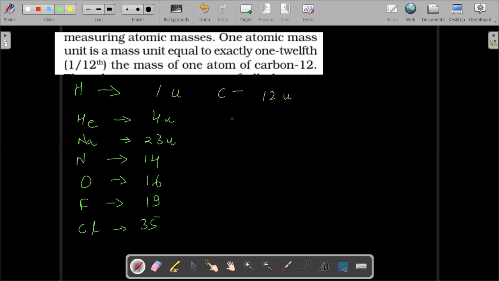So carbon 12, nitrogen 14, oxygen 16, fluorine 19, argon 20, potassium, sorry, sodium 23, then magnesium 24. So this atomic mass is a characteristic of every element.